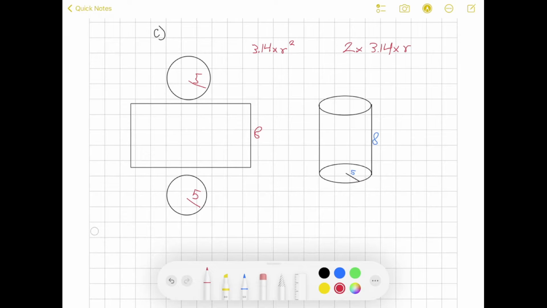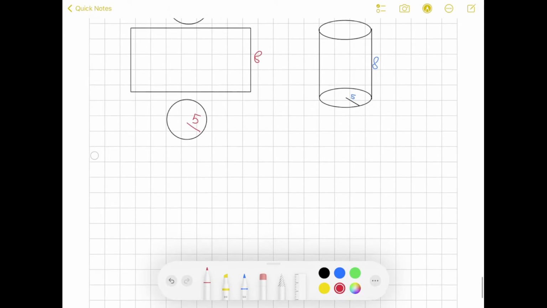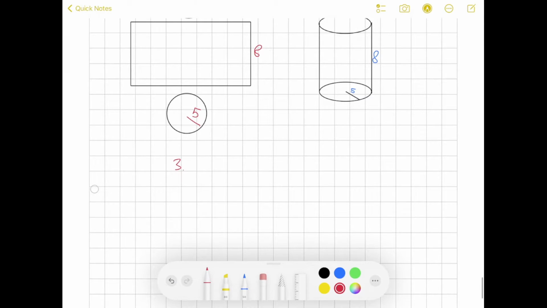Now, let's solve this. First, let's find the area of each circle. Now we do 3.14 times 5 squared, or we can write that as 3.14 times 25, or 5 times 5, and then the answer becomes 25. I skipped a step.